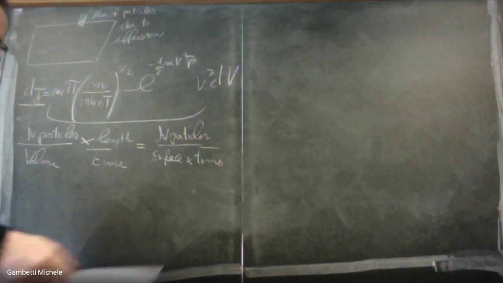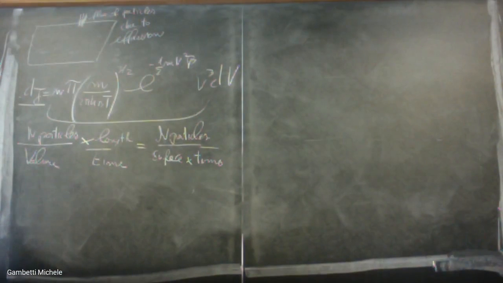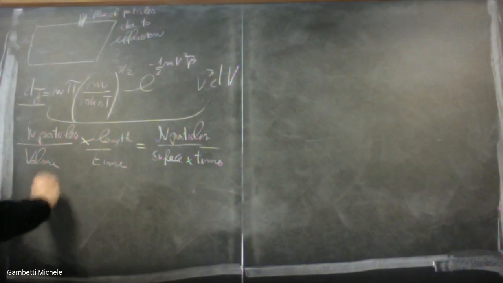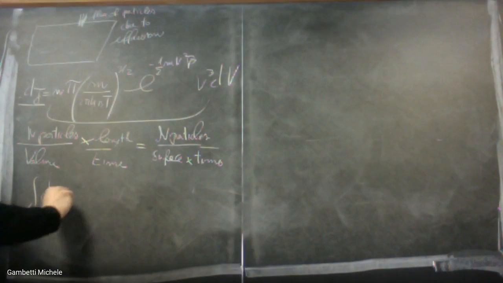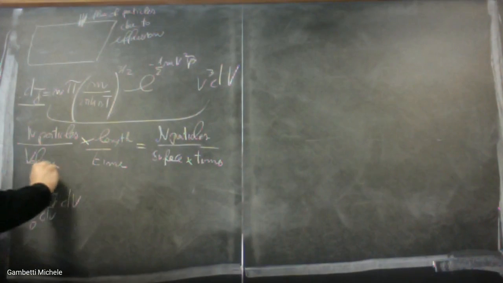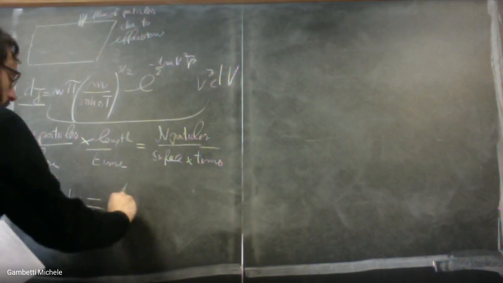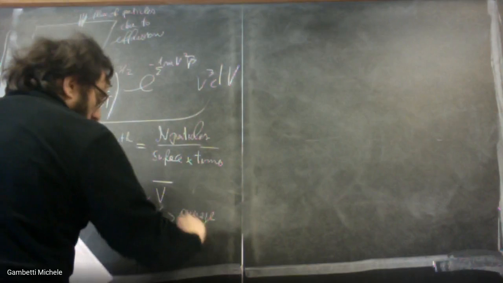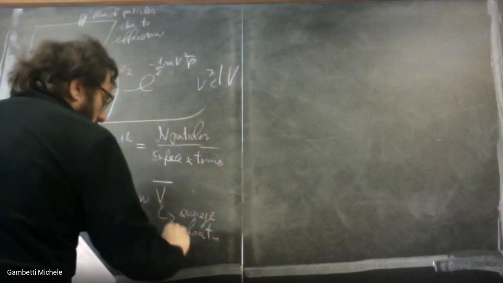Yeah, so we also saw that if I integrate dj over dv, from 0 to plus infinity, I think we saw last time that we get 1/4 n v average, where this v average was the average velocity in the bulk.